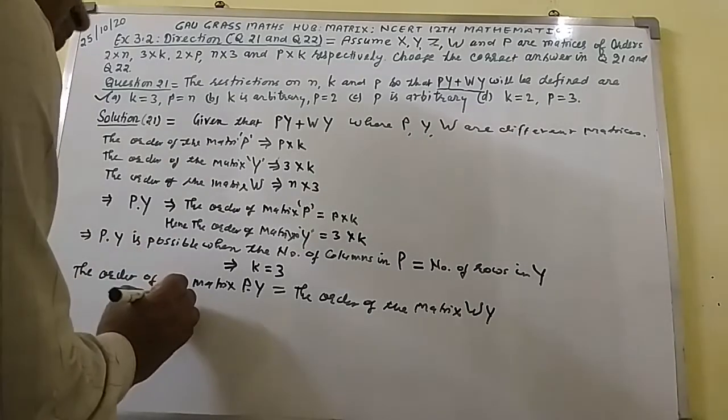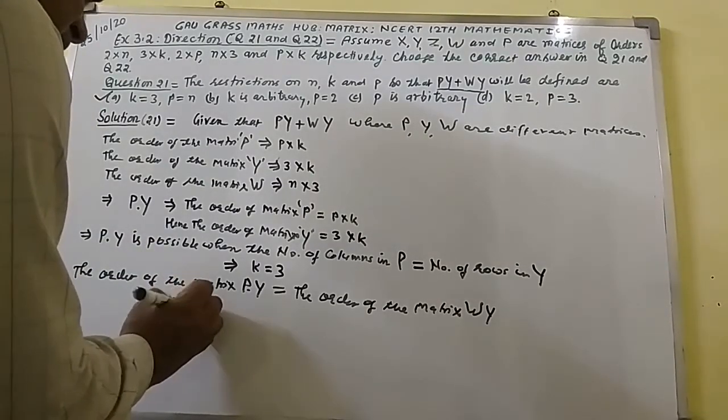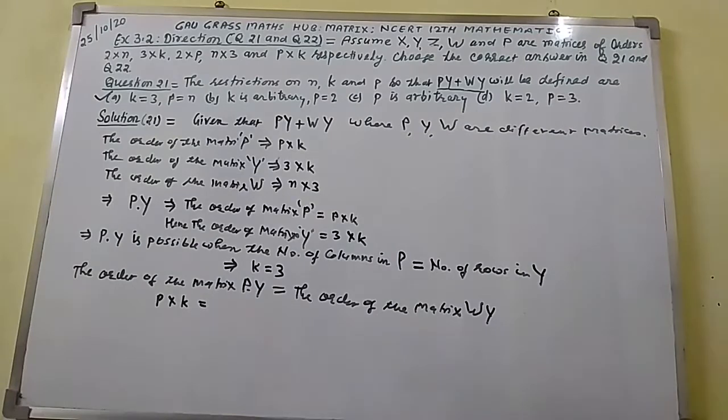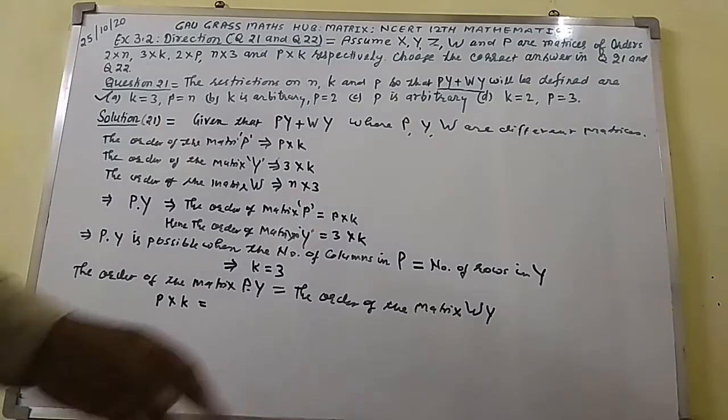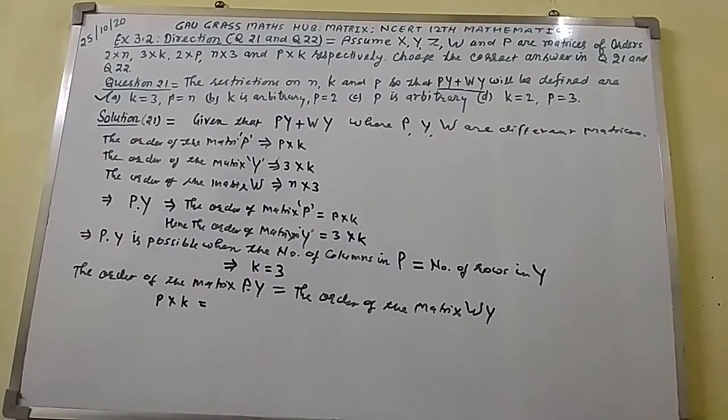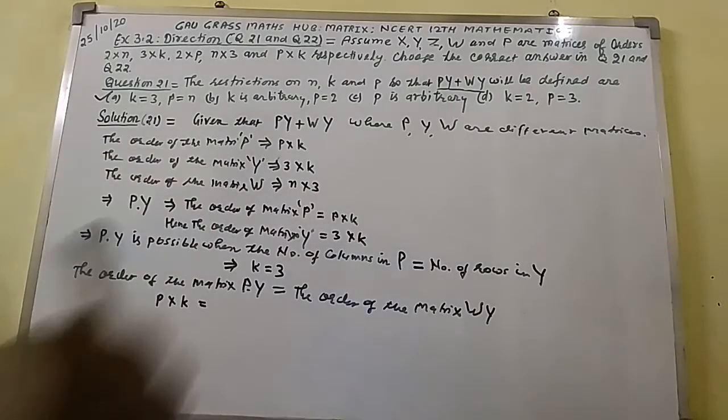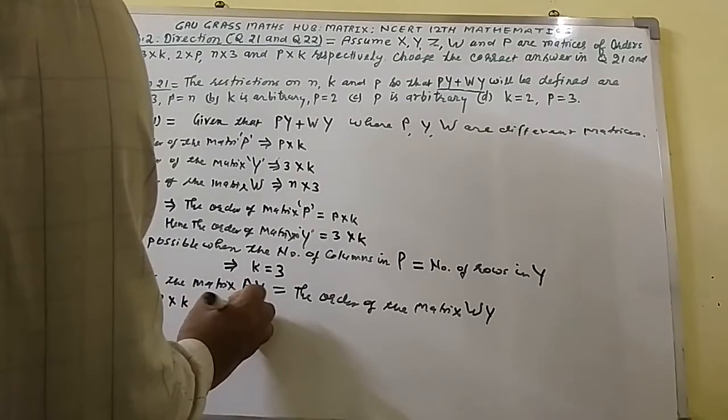The order of the matrix P you have got here, P cross K, equal to the order of the matrix Wi. The order of the matrix Wi you have to find out. N equal to 3. So you have here N equal to 3.